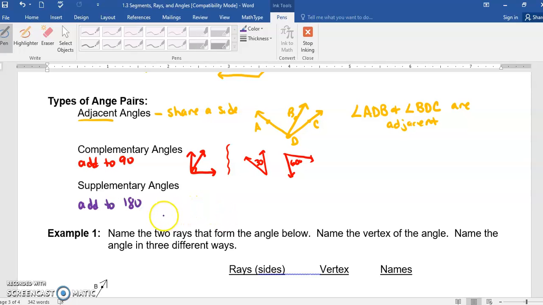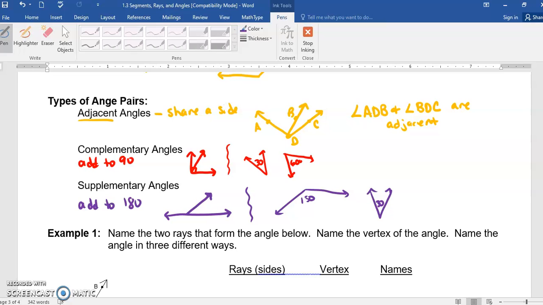Again, it might be a straight angle, a linear pair, we call that. Those are going to be supplementary because a straight line has 180 degrees. They don't have to be. You can have some random angle here, maybe this is about a 150, and then somewhere else you've got a 30 degree angle. Because their measures add up to 180, they're going to be supplementary. It's two angles whose measures add up to 180.